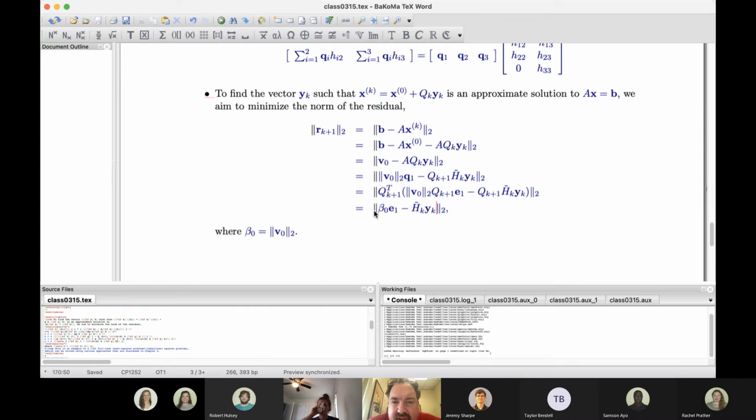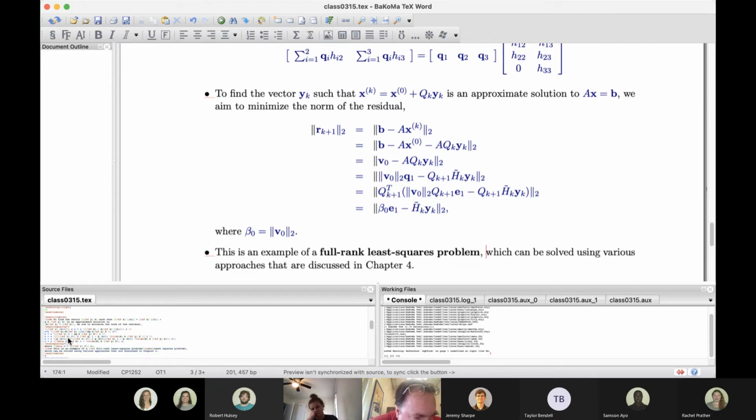So now, to make this as small as possible, I need to make this as small as possible. But we know how to do that because this is a full rank least squares problem. Remember, Hk tilde is a rectangular matrix. It's k plus 1 rows, k columns. So you can solve this by solving normal equations or by taking a QR factorization of this matrix. So this is something we know how to do.